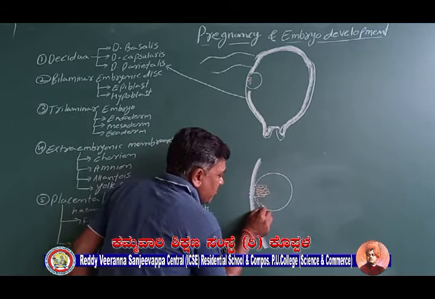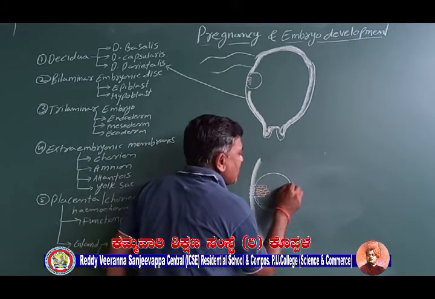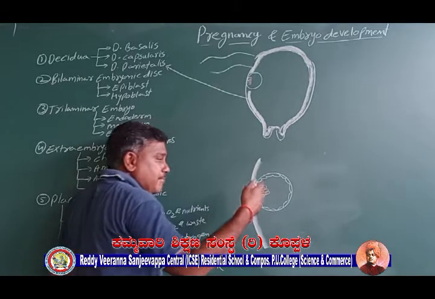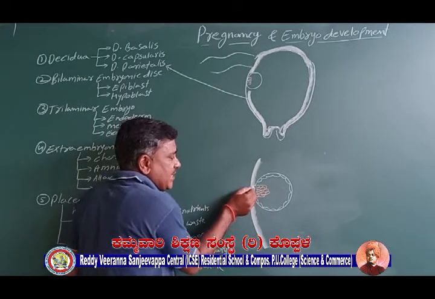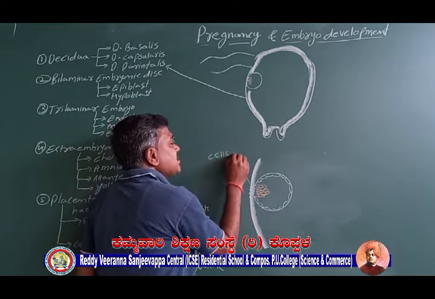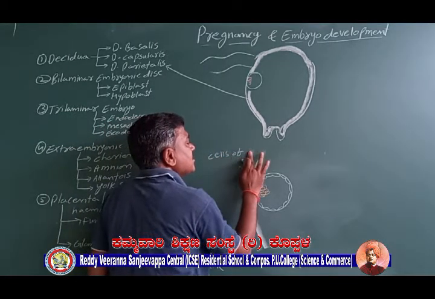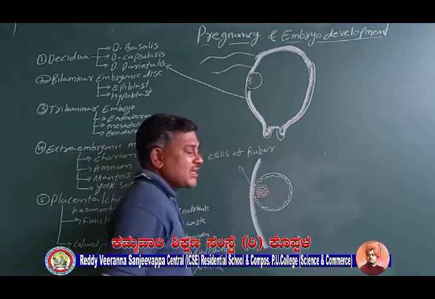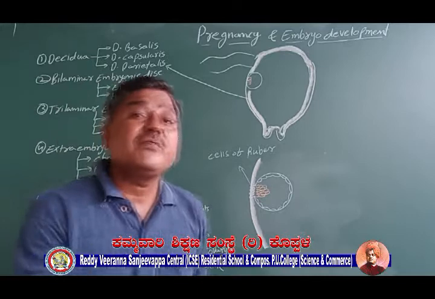So, when these trophoblast cells develop finger-like projections and embed into the endometrium, these cells are called cells of Rauber.